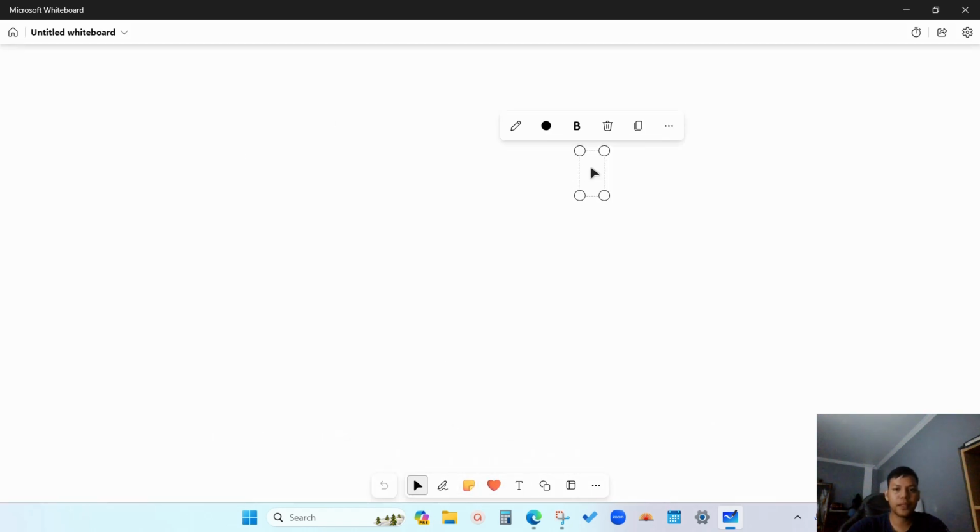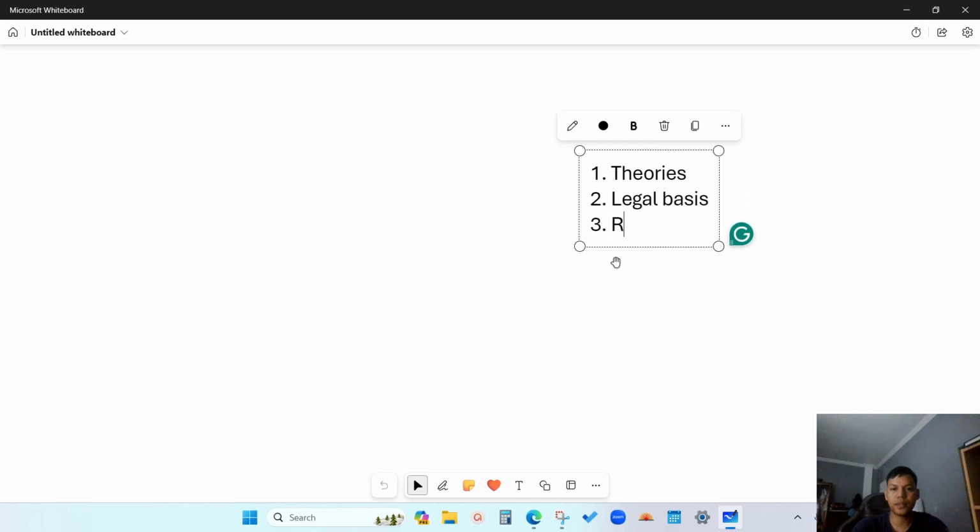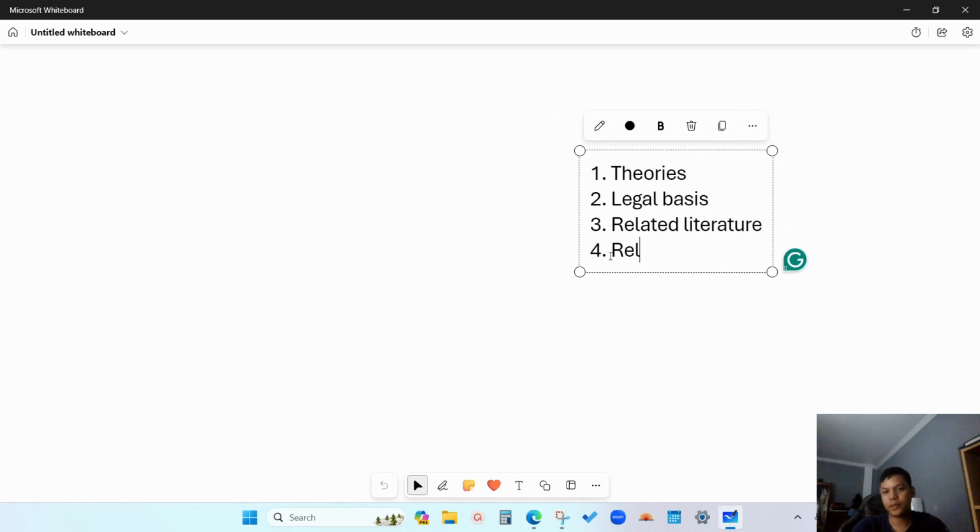So the first part is about the theories. The second one is about the legal basis. The third one is the related literature. The fourth one is the related studies.